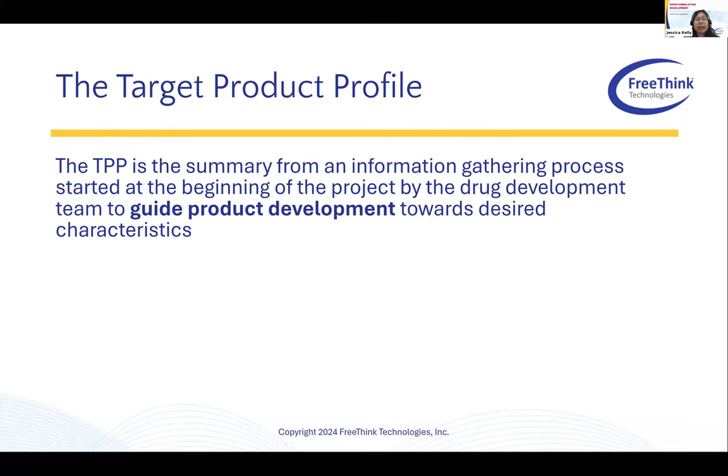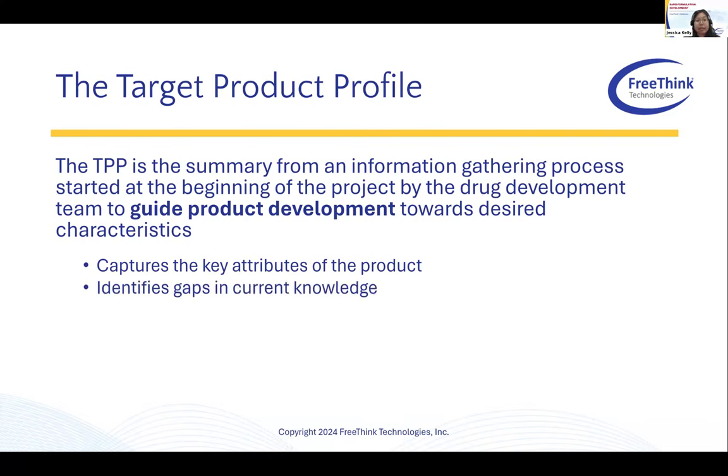Specifically, the TPP concisely captures the key attributes of the product and identifies gaps in current knowledge to highlight development priorities. And by doing these two things, the TPP will provide a roadmap to guide development towards project goals.